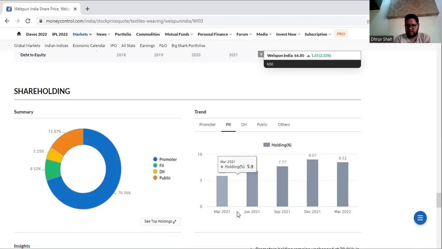If we consider from April 21 to March 22, what happened? In March 21, last year when the financial year closed, FIIs were holding just 5.9%. But this year end, 31st March 22, when the financials closed, they were holding 8.52%, which means there is roughly 2.5% increase in FII holding.